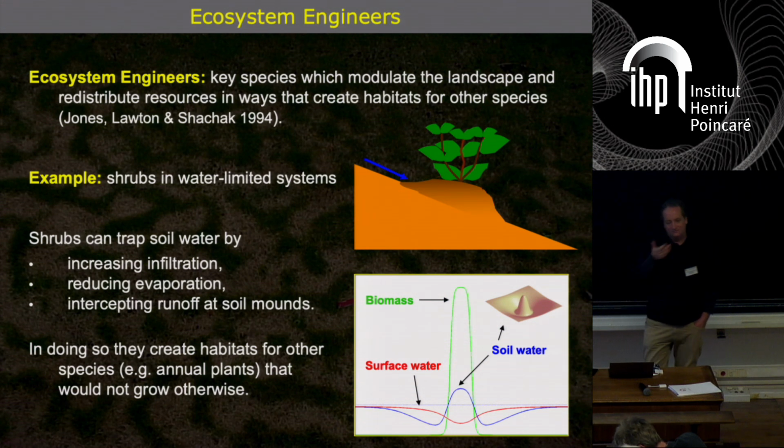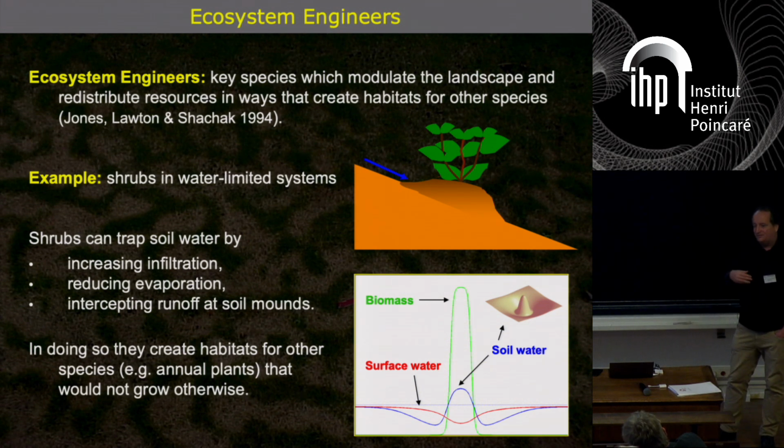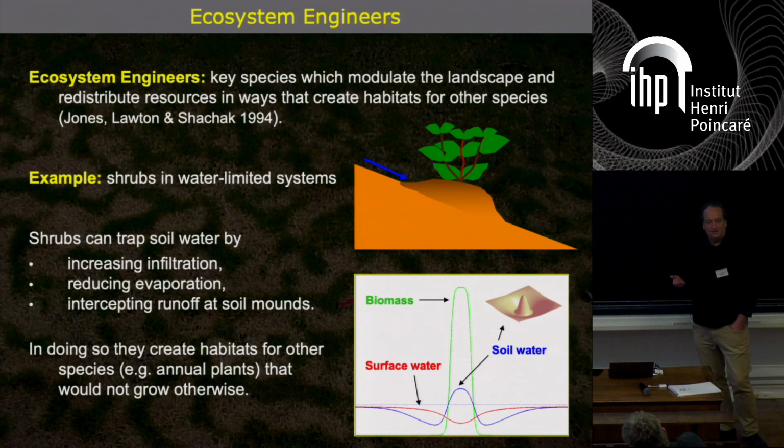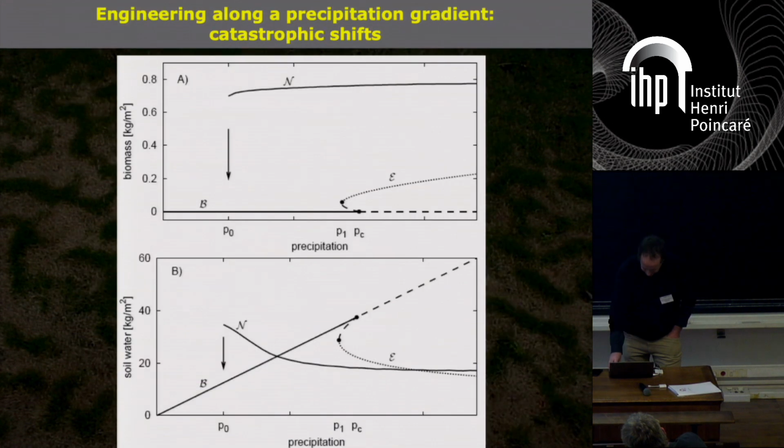The most typical idea of an ecosystem engineer would be a beaver, of course, which modifies the environment to benefit itself, but in doing so also benefits other species by creating new opportunities, new niches where to live. And this is something we get also with this type of approach.